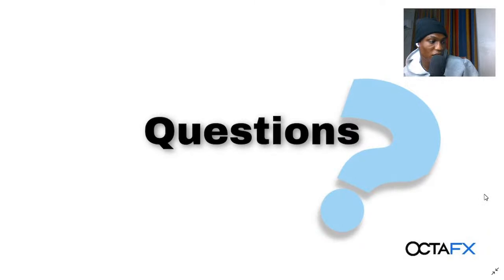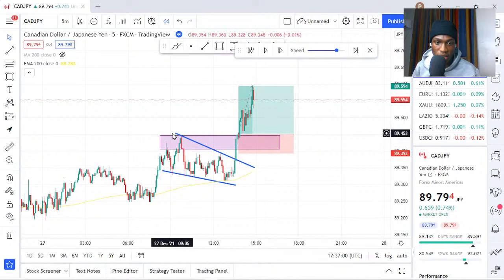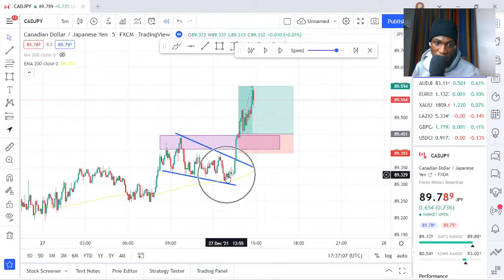Okay, John Majesty says, please can you list the confirmations you must see before placing a trade? There are different confirmations, but when you have 3 or more confirmations at once, it could be a chart pattern formation, and it could be this really nice bounce that you're seeing here on the moving average.